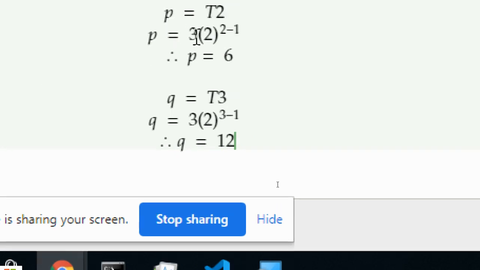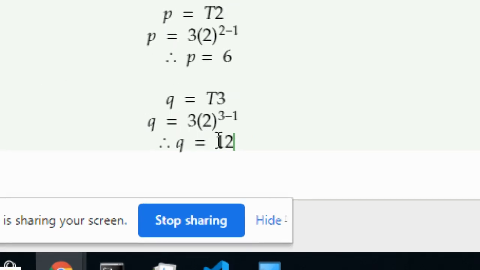Now we did get the value of P, but now we want to get the value of Q. But Q is actually T3. So Q will be equal to, using the general equation again, A, which is 3, times R, which is 2, to the power n minus 1, but our n is actually 3 because we're in T3, so it will be 3 minus 1.